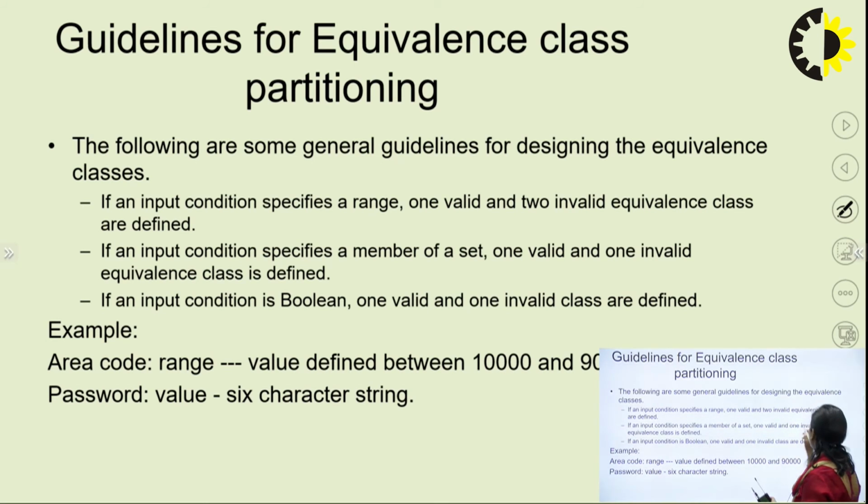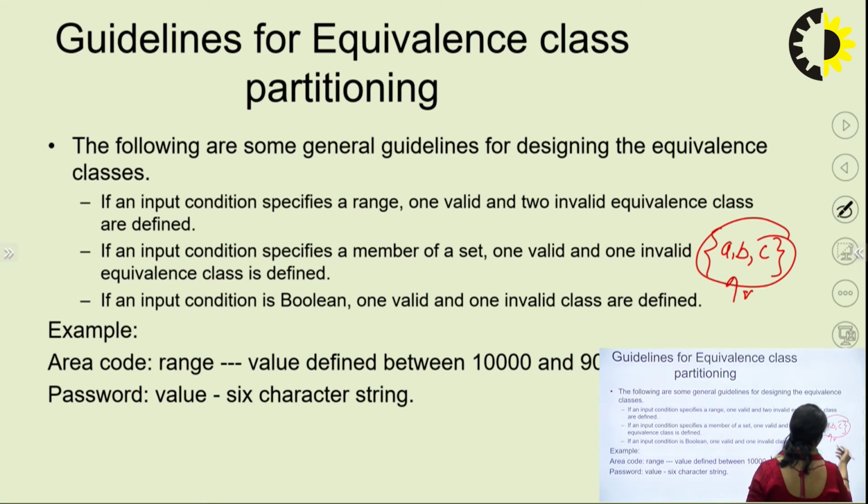Say I have a set A, B, C. This is my set, so I will create a valid class A, B, C, and one invalid class, say M and O. Okay, like this. If the input condition is a boolean, then there is one valid and one invalid class.